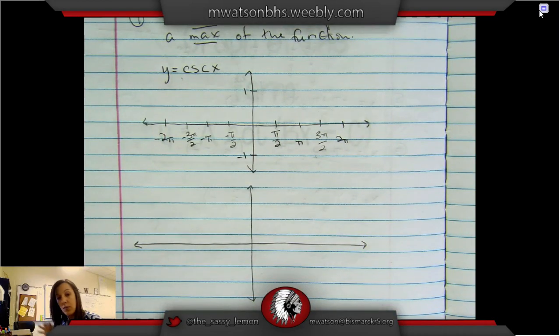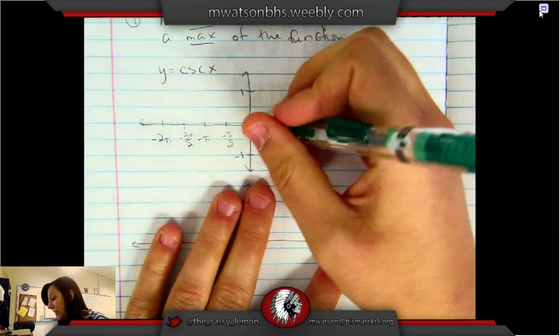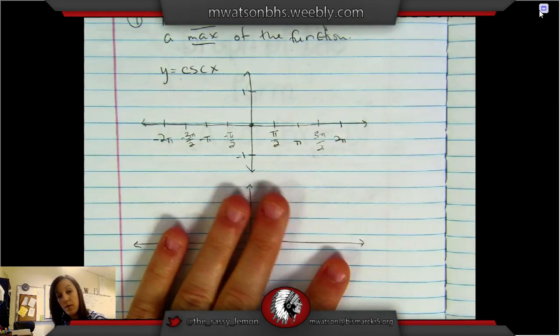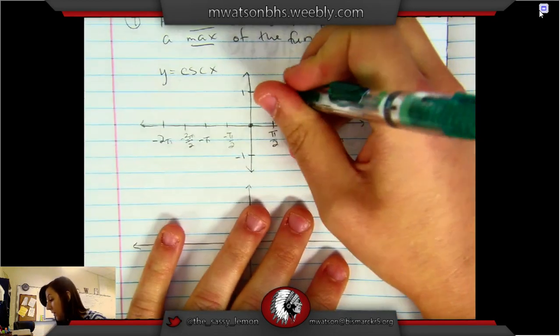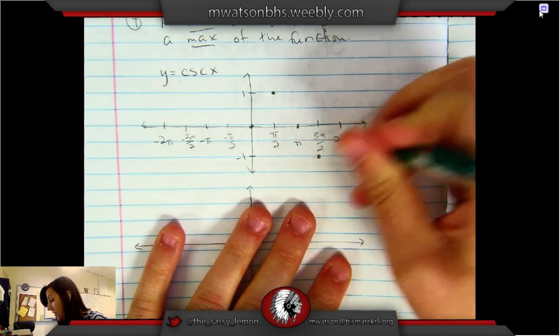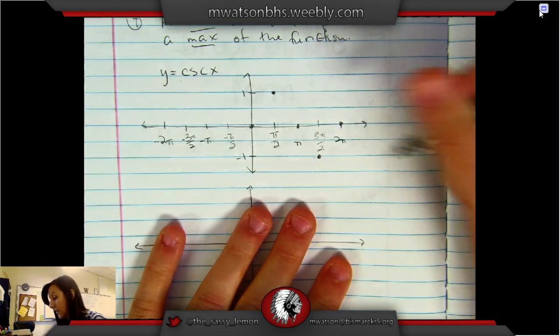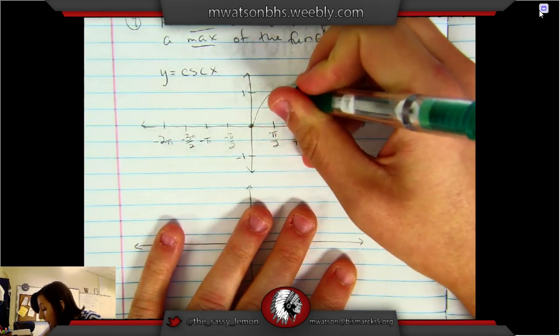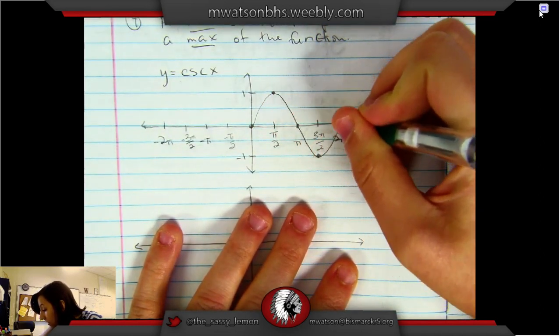So the reason why I've plotted all these is so now we can graph our sine function. We know that it starts at the origin and goes up, comes back down, dips down below the center, and then comes back up to the center. So this is 1/2 of the sine function.